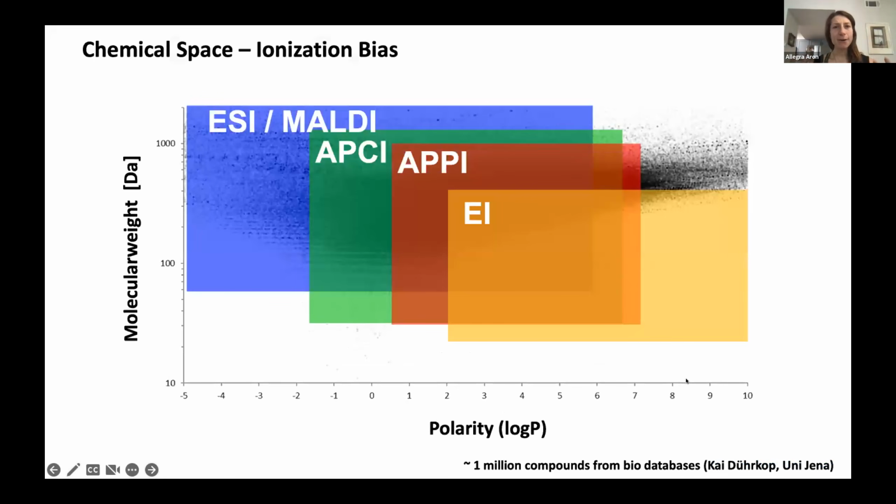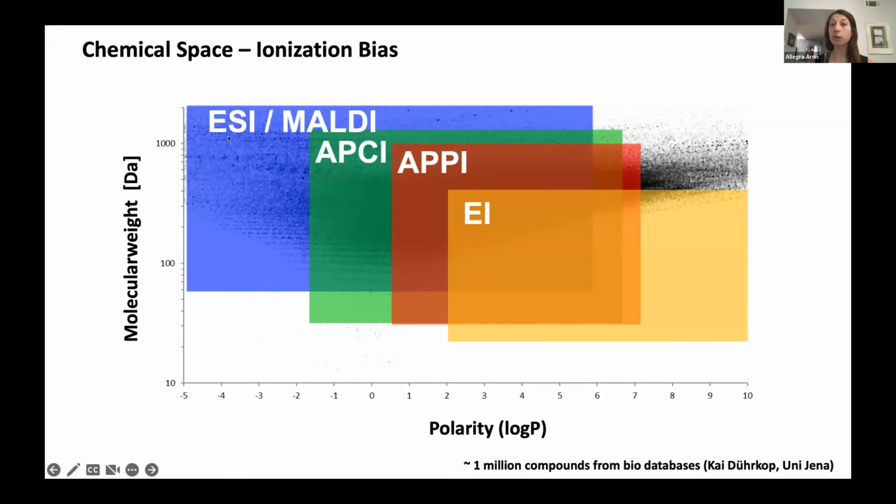Okay, now when we're doing an LC-MS experiment, the first thing we have to do is ionize our compounds, okay? And so there are various different strategies for doing this. The strategy that you choose to use depends upon both the molecular weight that you're interested in and the polarity of the molecules that you'll be analyzing, right?